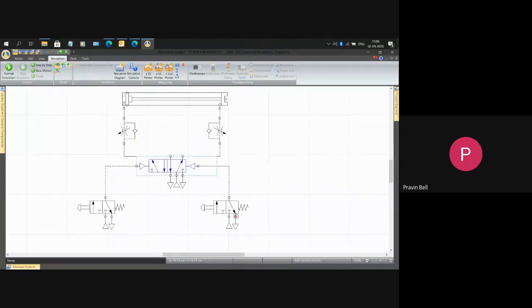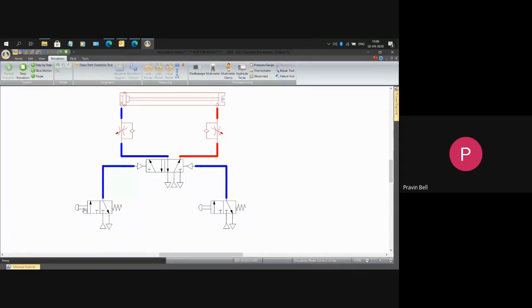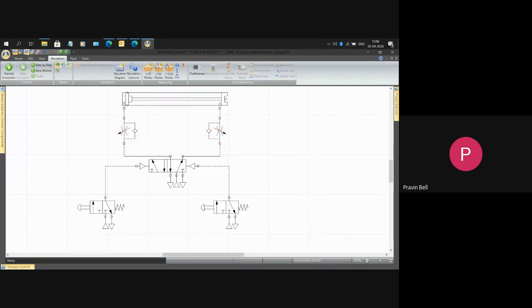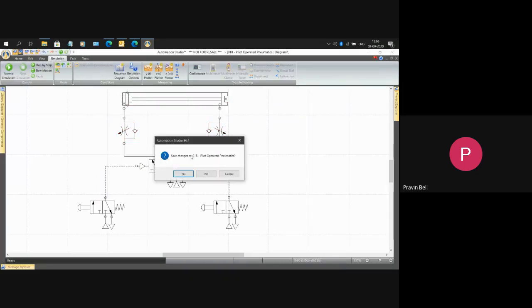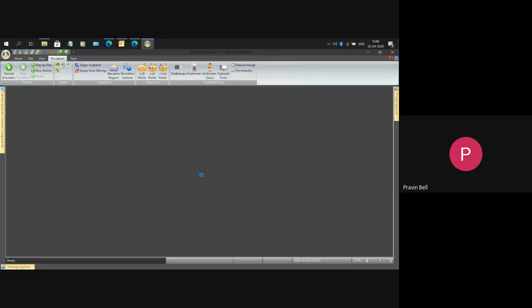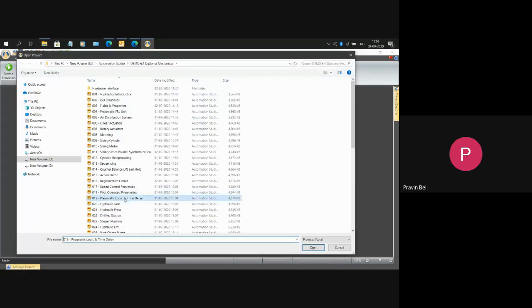So depending on which side you operate, this particular valve will operate by using a pilot connection. From left, from right. So this is a practical for a pilot operated valve. Okay. A lot of permutations, combinations are possible. This is a pilot operated pneumatic valve.